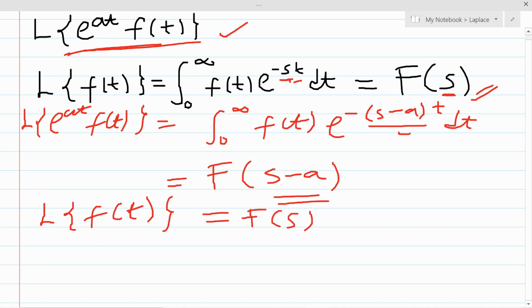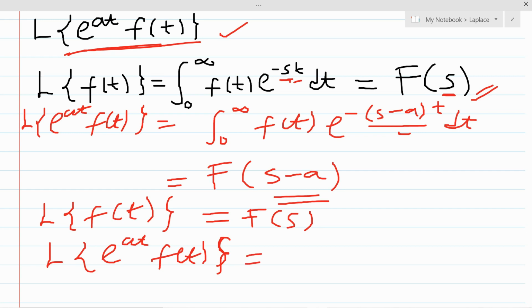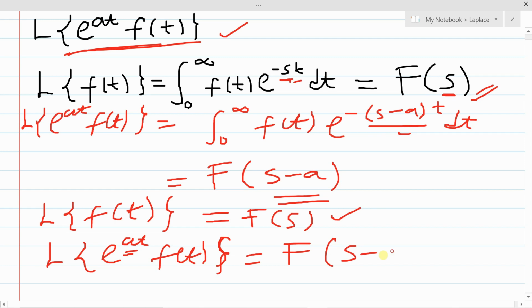Then the Laplace of e to the power at times f of t will simply be equal to, knowing your a here, from the function that you find, wherever you see s, you put s minus a. Very simple, right? Let's take one example and you would understand.